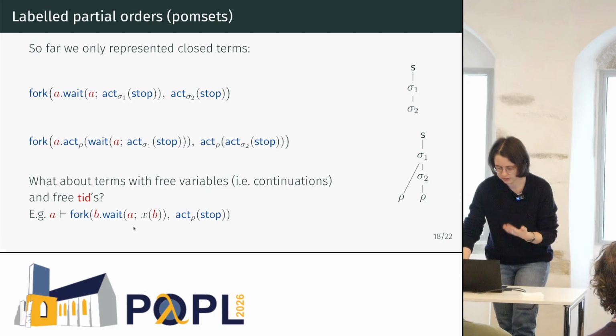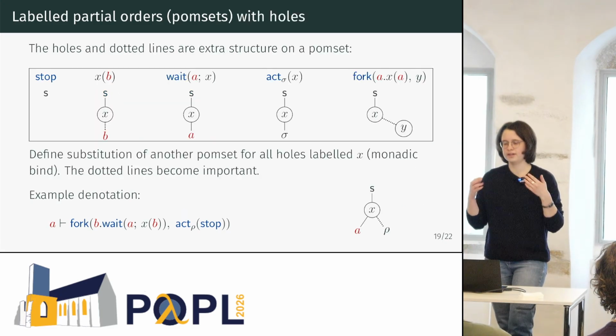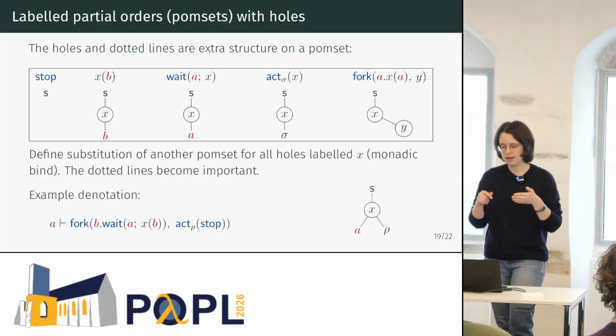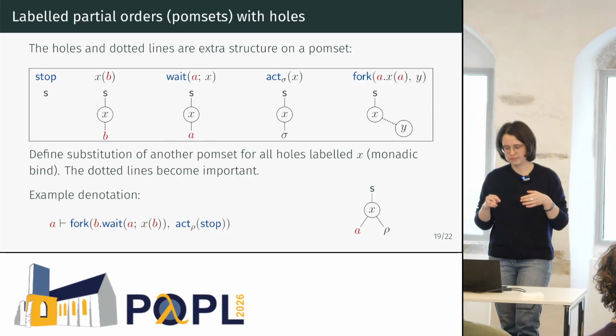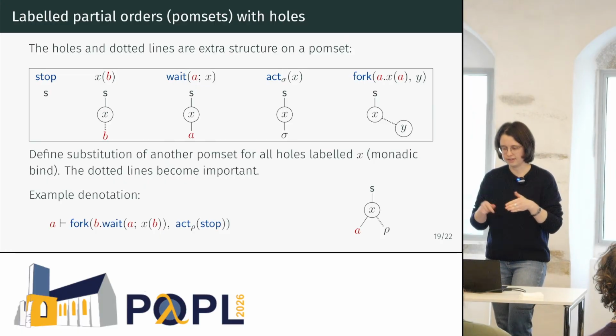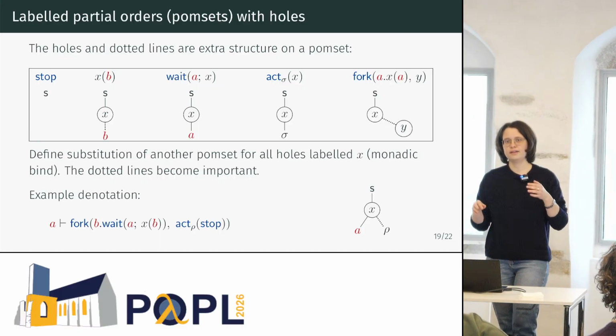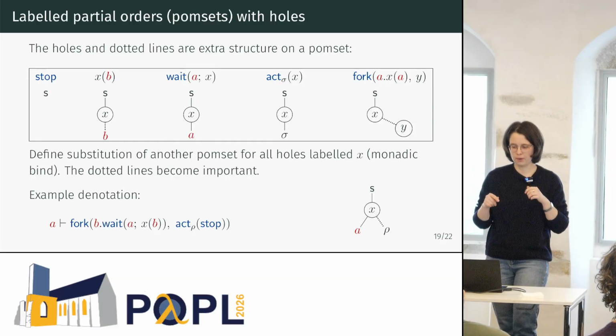So in order to model such terms, we introduced this extension of POM sets with holes. And the point is that the holes and the dotted lines that appear in these pictures are extra structure on top of a usual POM set.